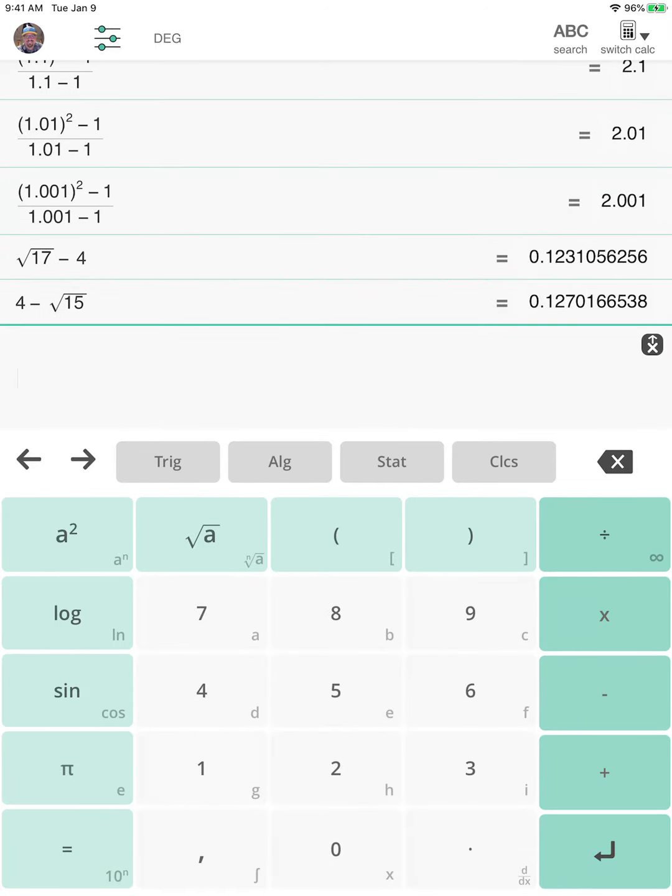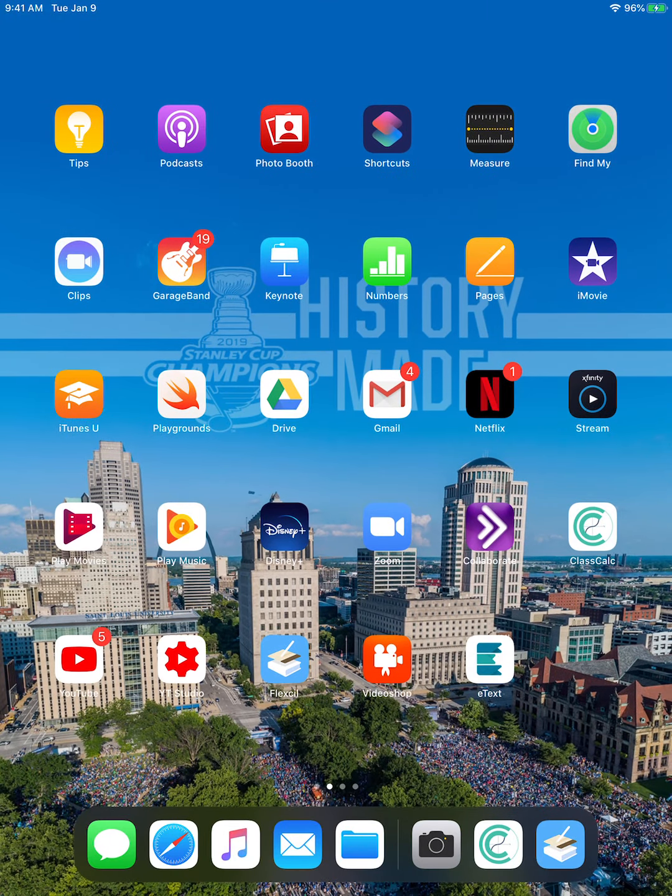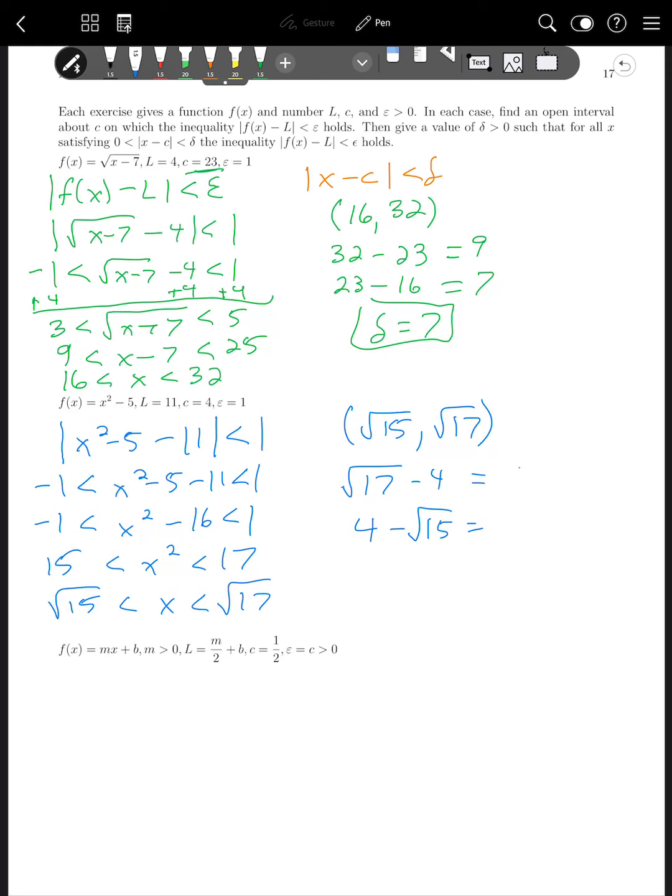And so I get 0.123 and 0.127. So this was approximately 0.123. This was approximately 0.127. So the smaller one is 0.123. So delta is the square root of 17 minus 4, which is approximately 0.123. Okay, so that's the idea.